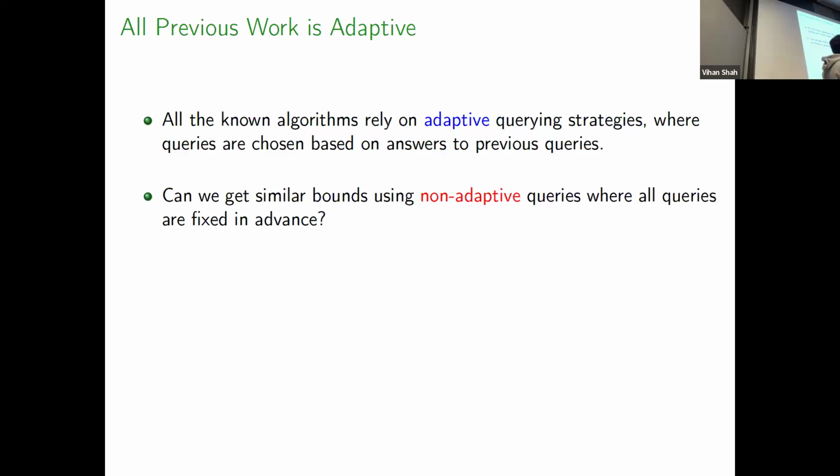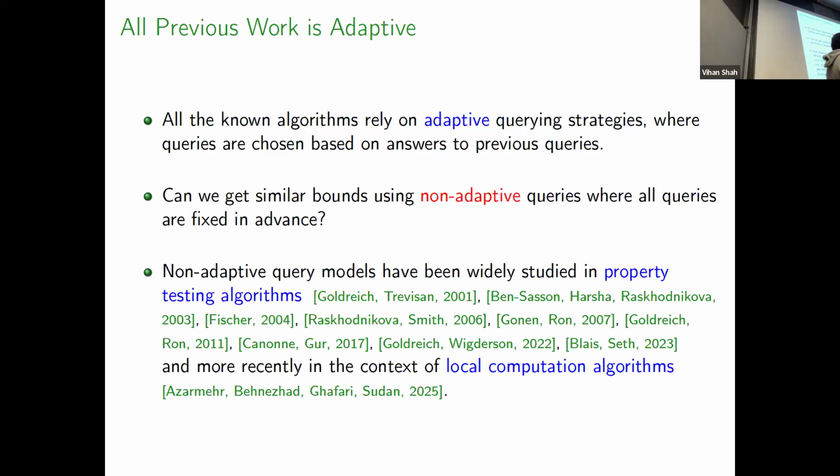So in the non-adaptive model, you fix all queries in advance, ask them together, and you get all the answers. And so the question is, okay, what can you do over here? And yeah, nothing was known about this. And non-adaptive queries have been studied in other models like property testing and even recently in local computation algorithms. So this is a natural direction to explore.